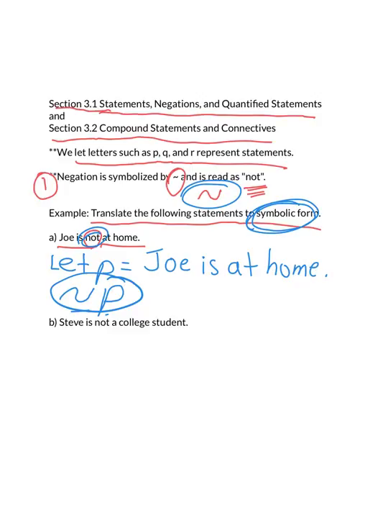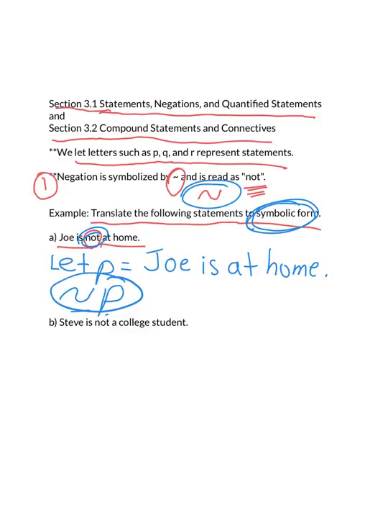Or when you click in the homework box, there is going to be a template that appears below your question in MyMathLab. And you can use that template to get all those symbols in there. And then just use the keyboard to type in the lowercase p. So tilde P for not P, final answer.